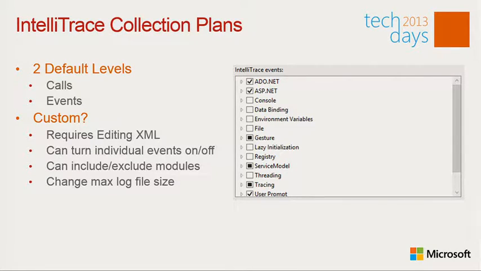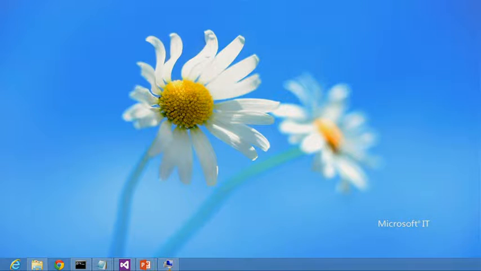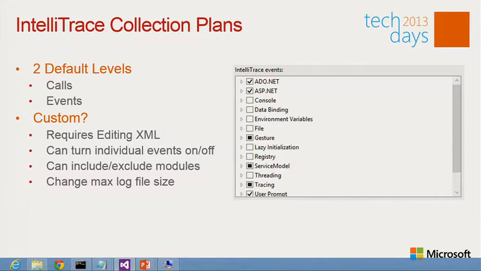So if you really wanted to look at that, you can just see the XML here. It's a collection plan. Here you have module include lists. You have your max log file size. 4,000 is kind of a deceiving number.